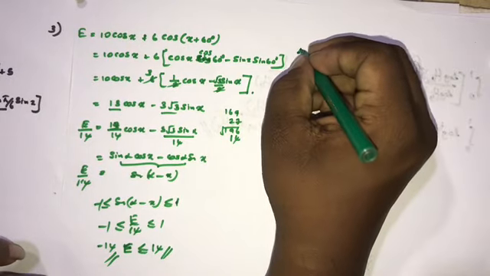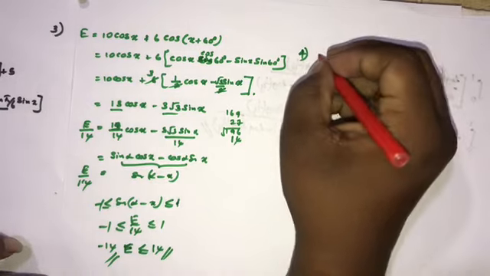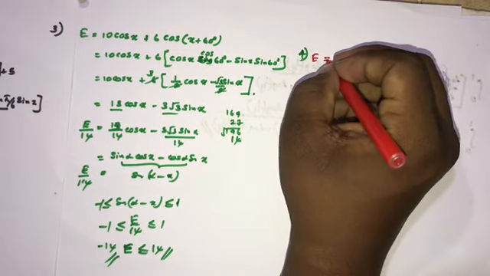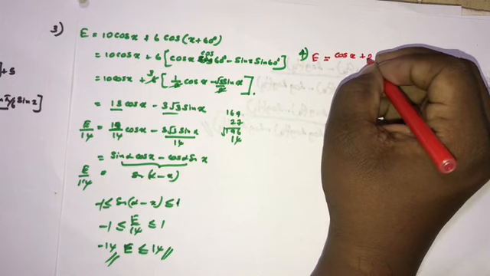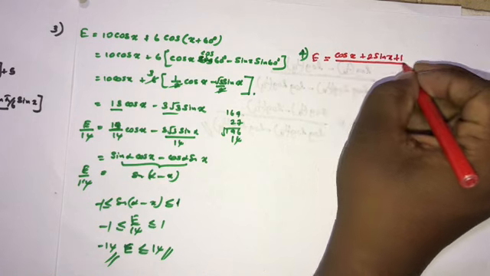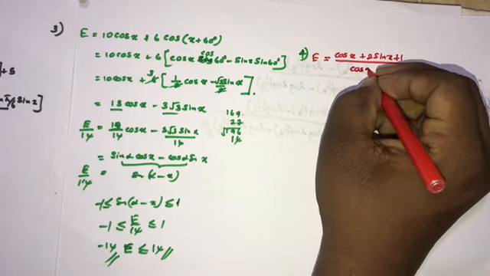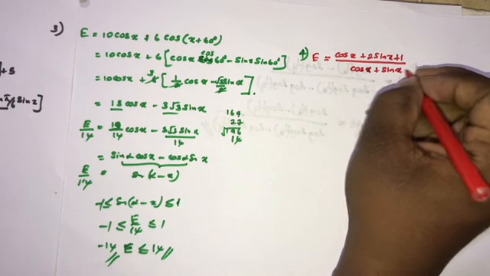So example number 4, E is equal to cosine of x plus 2 times sine of x plus 1 over cosine of x plus sine of x.